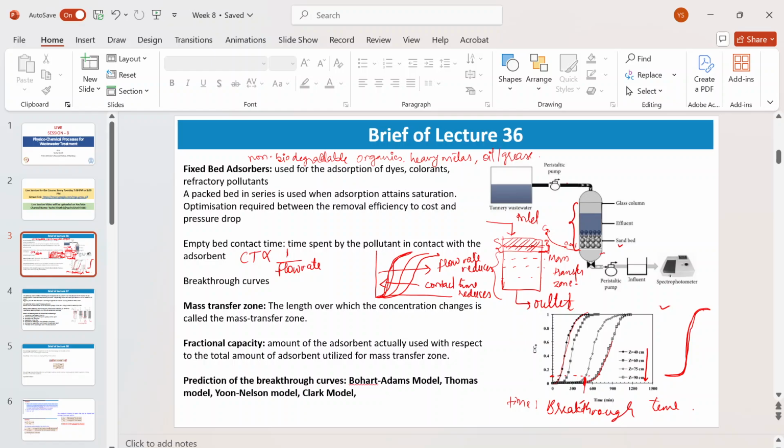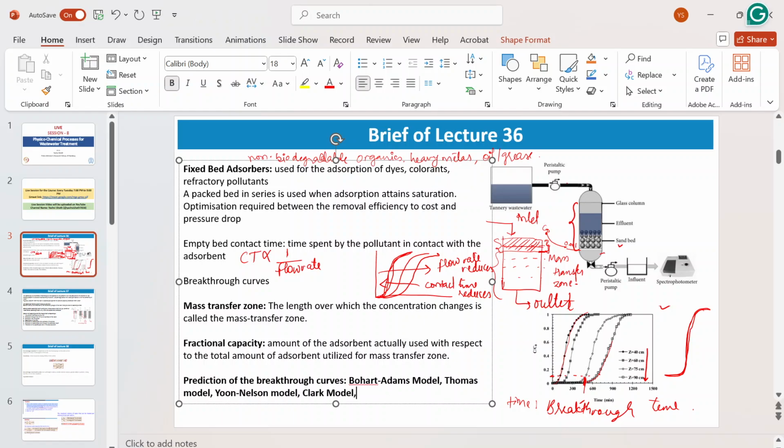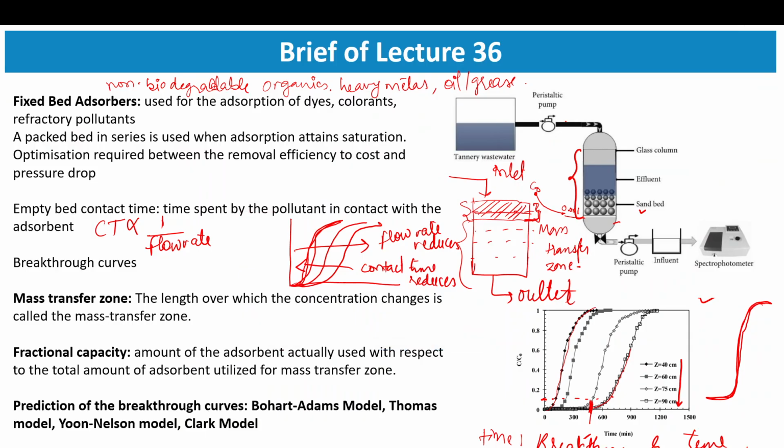So likewise, if we want to model breakthrough curves, there are already available models which, depending on the fitting, from the R square value, you will get the idea of what is the basic mechanism and what is the limiting factor behind your experiment or behind your removal process.